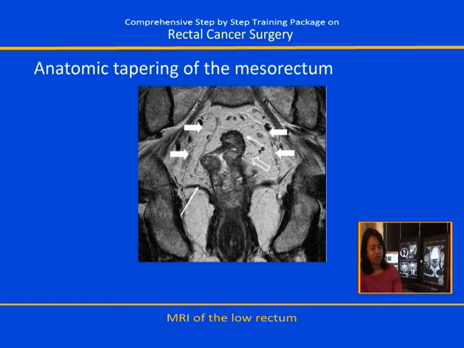And this rather simple explanation for the choice between a TME or an extralevator APE really does depend on the location of the tumour, its infiltrating border, and its relationship to this very dangerous angle here between the rectal wall and the levator and puborectalis sling.